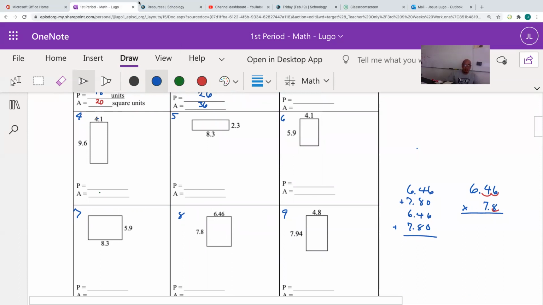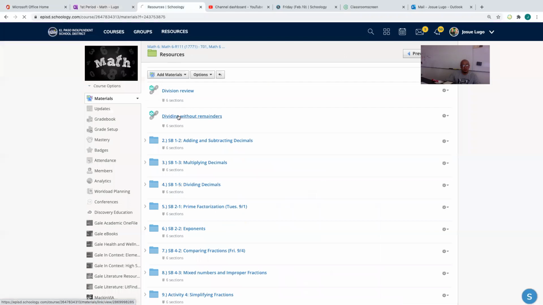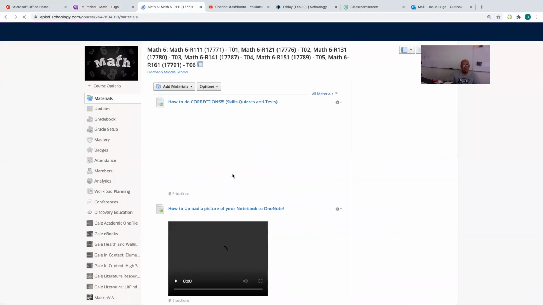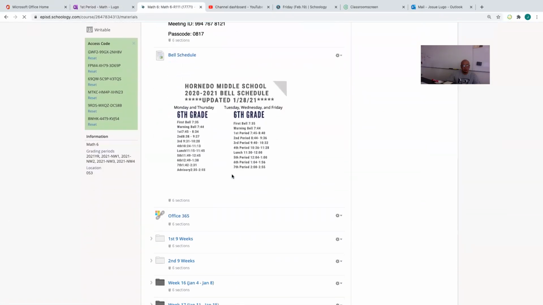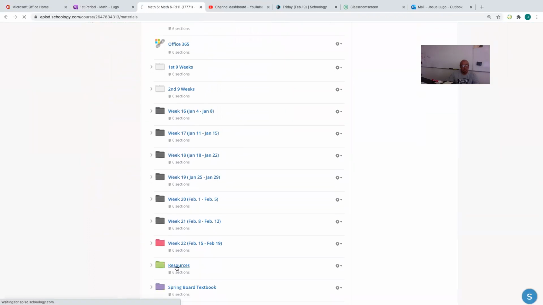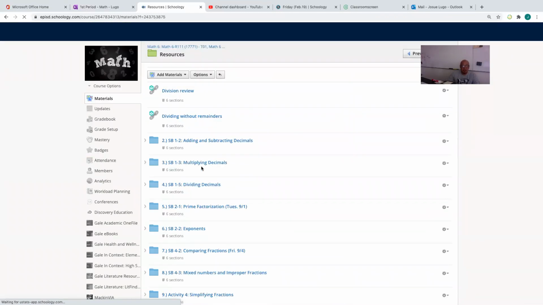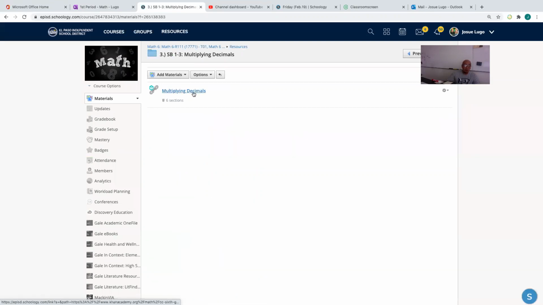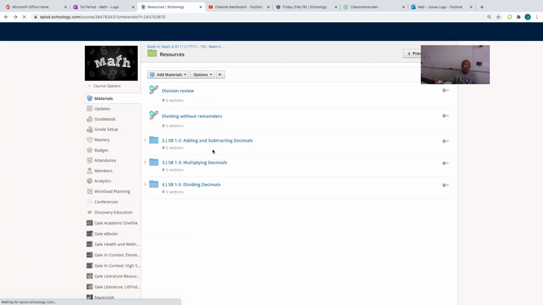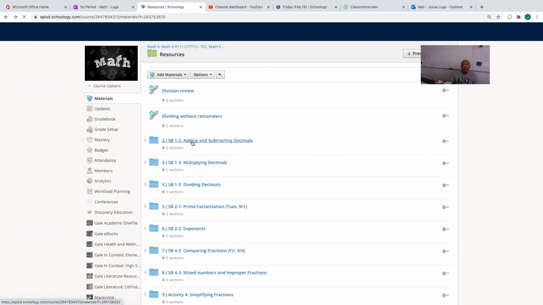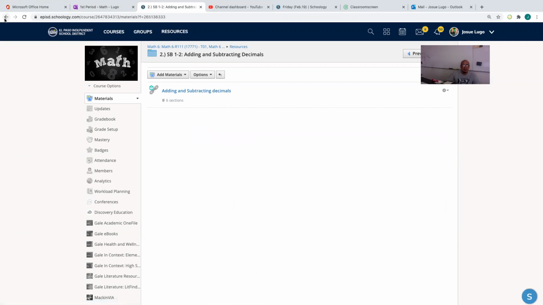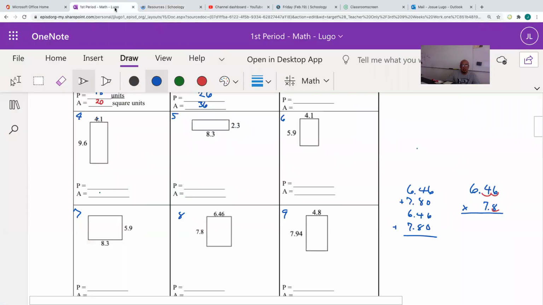But if you really are confused about it, I do encourage you to go to Schoology, go to the green resources folder, and notice how there is a folder here that says multiplying decimals, and you will find a video there that will show you how to multiply decimals. And there's one that says adding and subtracting decimals, again, how to add decimals. Because in problems that have decimals, if you don't line it up correctly, you're going to get it wrong.